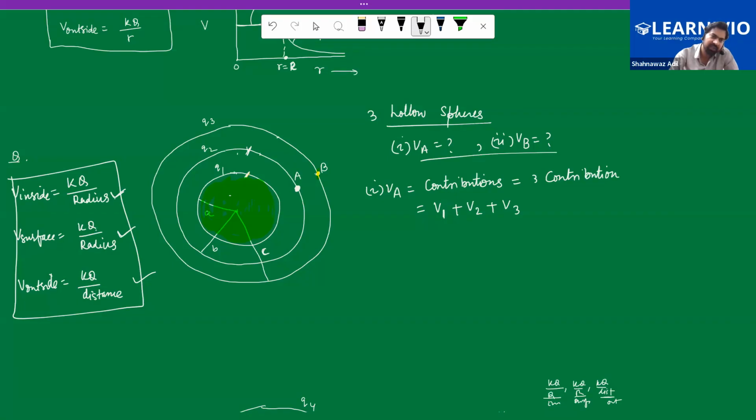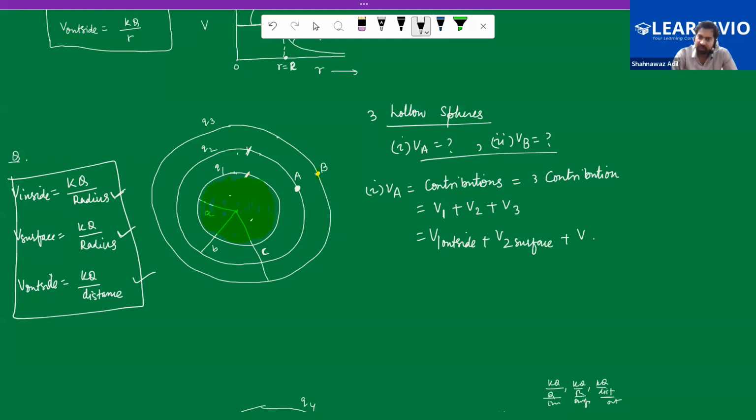At the surface, that is the same, but outside we have to calculate the separation. So due to this smaller one, this A point is outside. So this is the outside scenario. V2, due to this sphere Q2, this A point is on the surface.